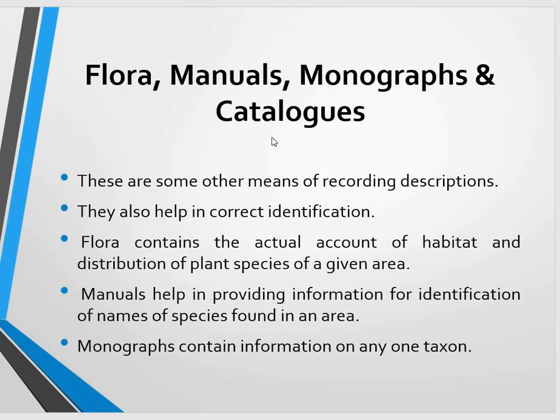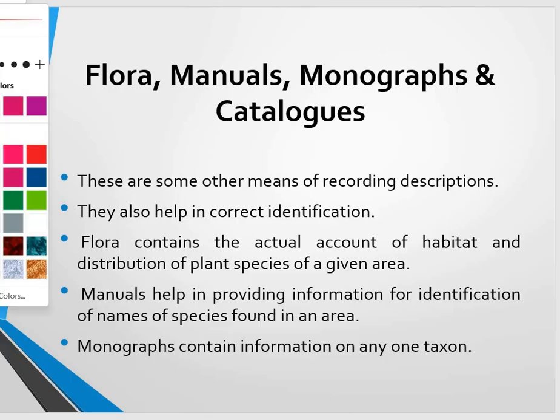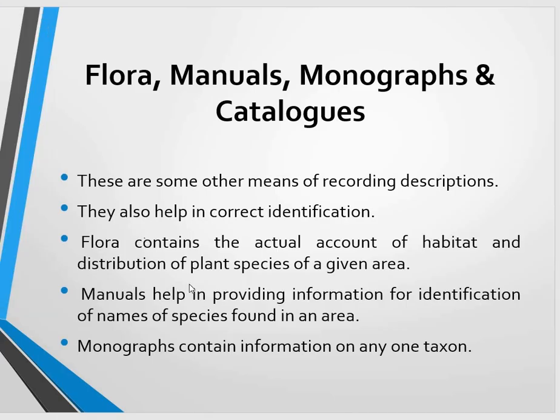Flora, manuals, monographs and catalogs. These are some other means of recording descriptions. They also help in correct identification. Flora contains the actual account of habitat and distribution of plant species of a given area.